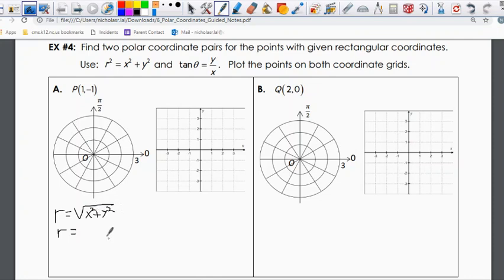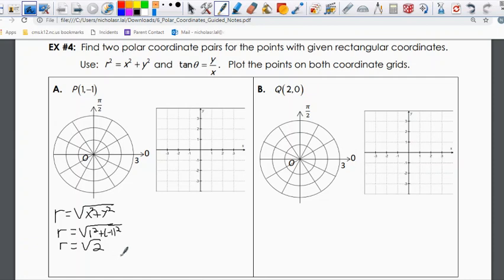So r is equal to the square root of 1 squared plus negative 1 squared. So that's going to be 1 plus 1. So r is equal to the square root of 2.